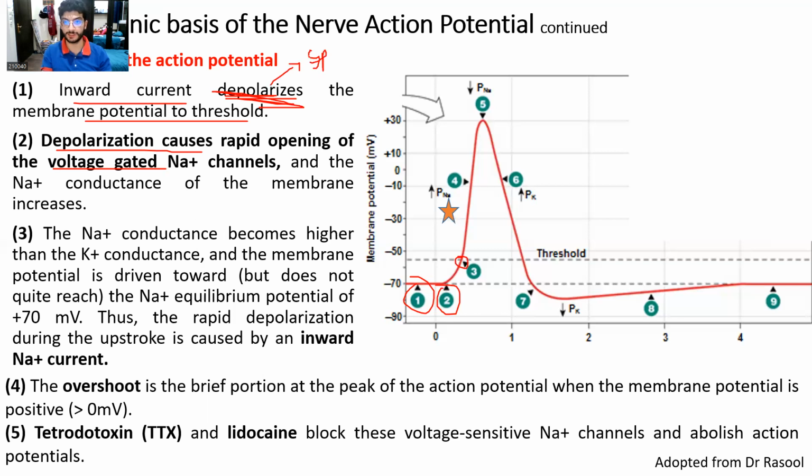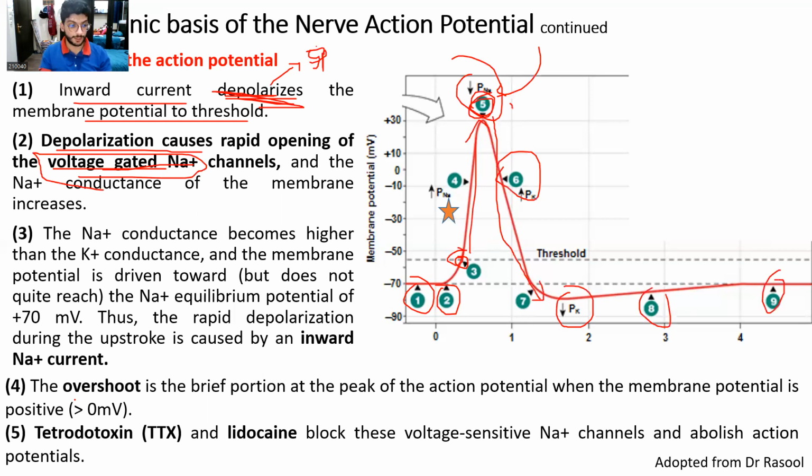Then it triggers the opening of voltage-gated channels, which pushes the membrane potential upwards until we reach this point. At number 5, the inactivation gate closes, and then the potassium channel opens. Potassium rushes out of the cell, which makes it more negative, and it pushes it back to the resting membrane potential.